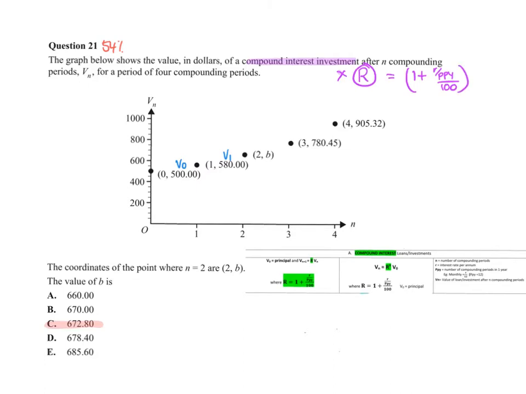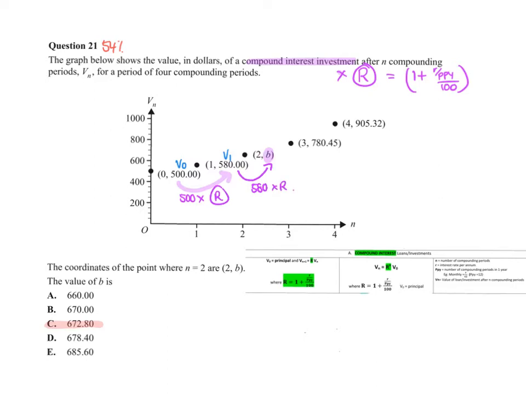We need to find the value at this third spot. The way we get the next one in a sequence is, like from 500 to 580, we times 500 by this rate, which was 1 plus. So if we can work out that rate, we can times the 580 by that rate.